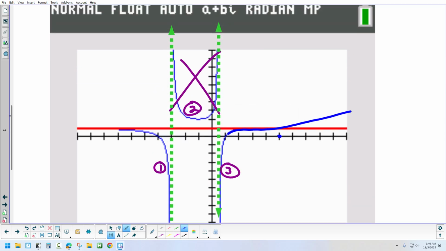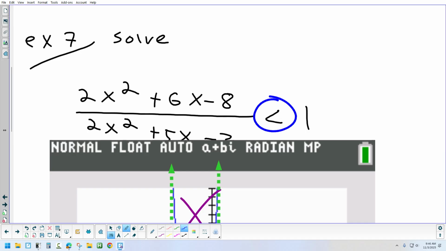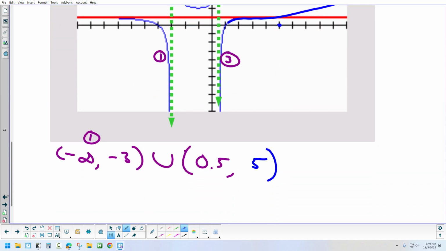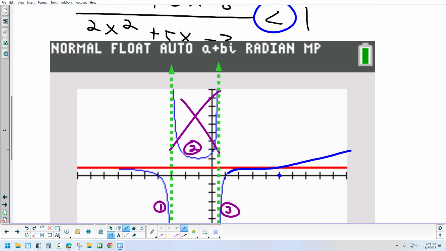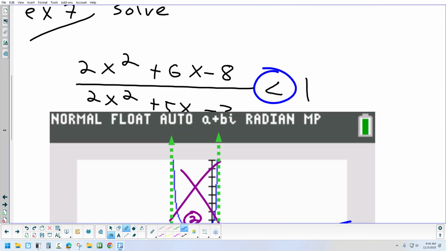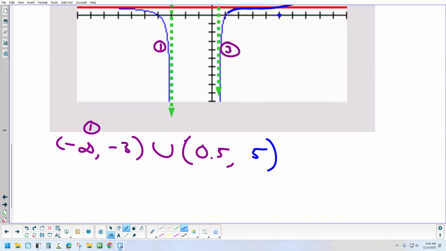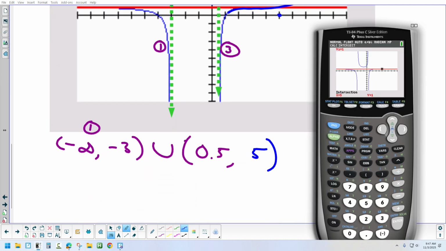The reason I can't include it, that's not an equal to. If it was an equal to, then I would have put a bracket on the 5. That's the only thing that would have changed in this problem if that had an equal to. You never include a number that gives you an error, ever. You always put a parenthesis on a number that gives you an error, and you never put a bracket on an infinity because you can't reach it.